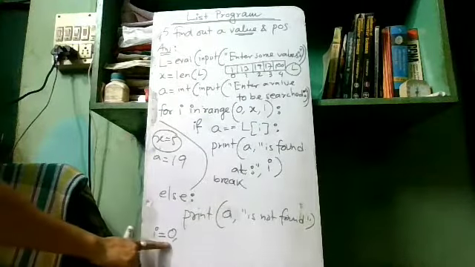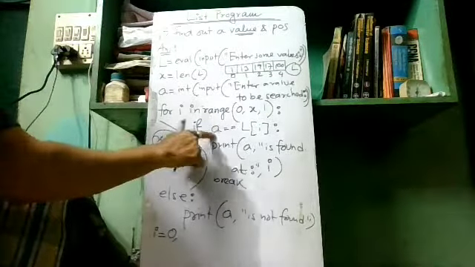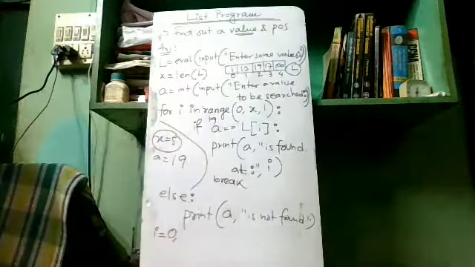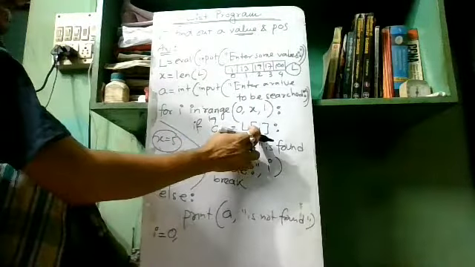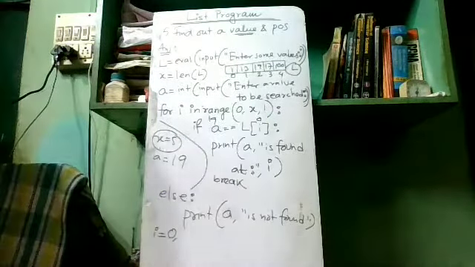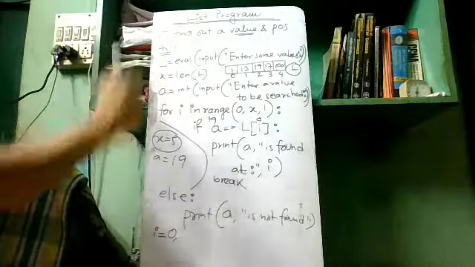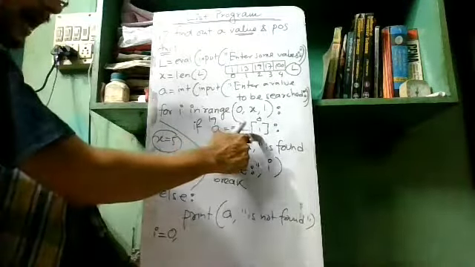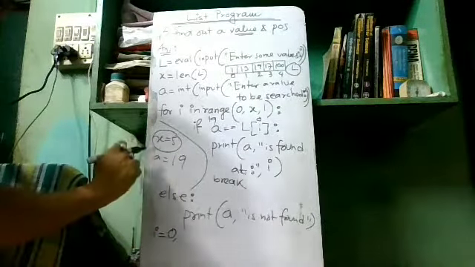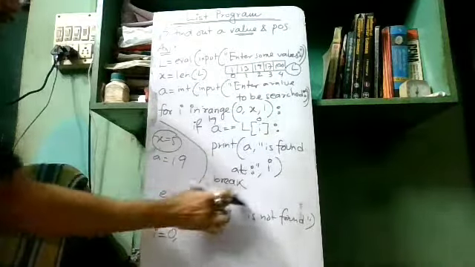So now I is 0. If A means 19, equal to L[i] means L0. What is the value of L0? 1. So 19 equal to 1? No. Then this part will not work.